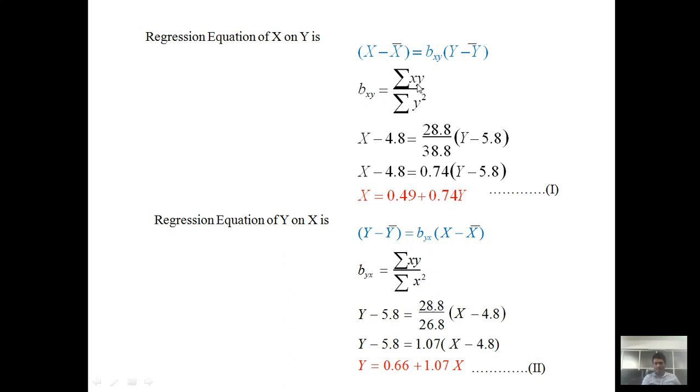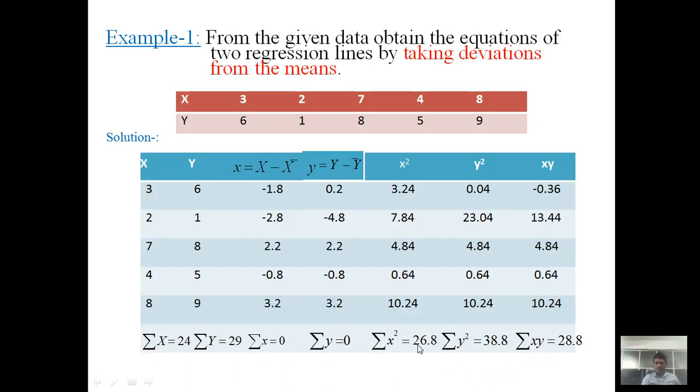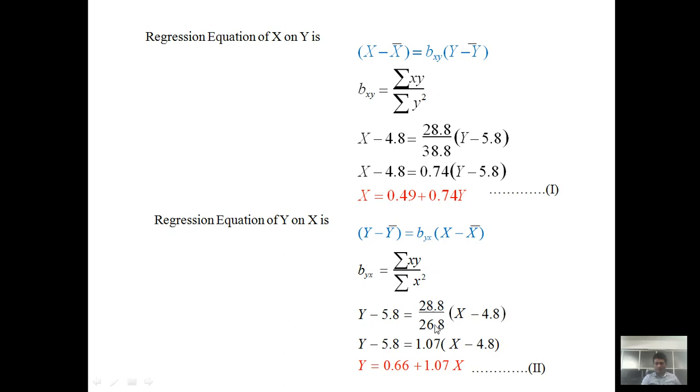That is sum xy, sum yx, but ultimately both are the same. So sum of xy upon sum of x square, and sum of x square is 26.8. So substituting the respective values and solving, we get the regression equation of y on x, that is y is 0.66 plus 1.07 x.